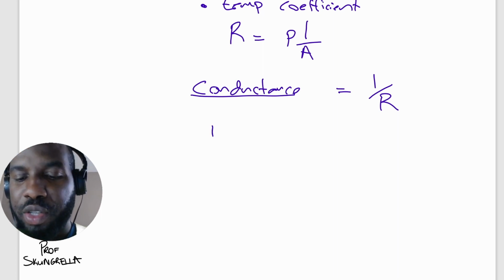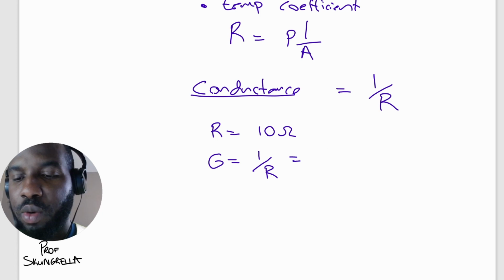So if we have a resistor that has a resistance of 10 ohms, then we know that the conductance is going to be one over resistance, which gives us 1 over 10, which is 0.1 Siemens. The unit for conductance is the Siemens.